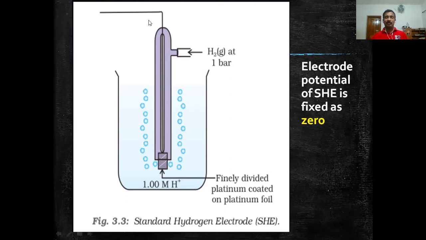It can act as anode or as cathode, depending on the other electrode to which it is connected. The important points in the standard hydrogen electrode: hydrogen is bubbled through a platinum wire and it will act as the electrode, and it is immersed in 1 molar hydrogen ions, and the pressure of hydrogen is 1 atmosphere.